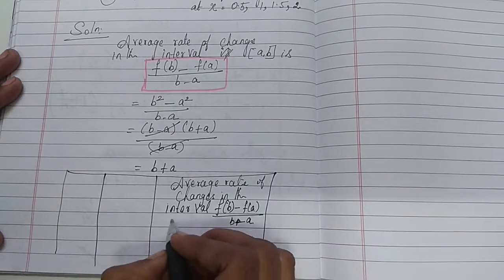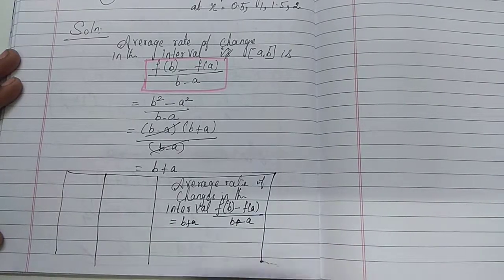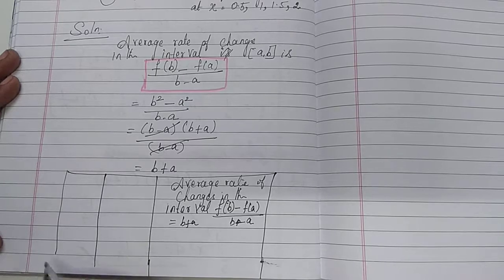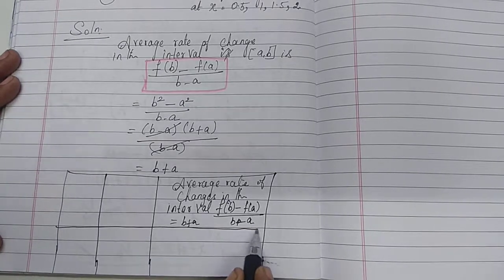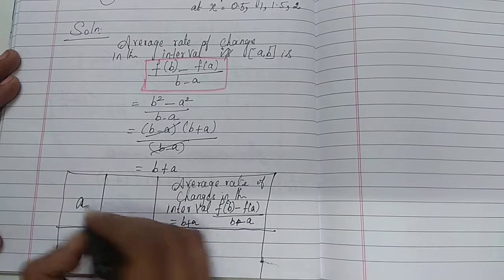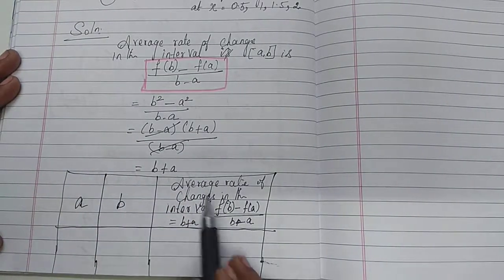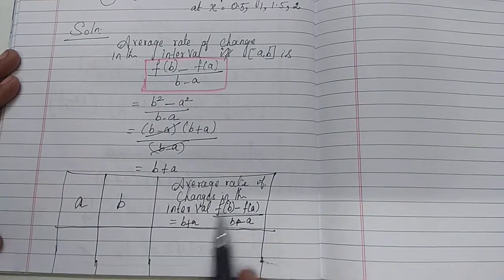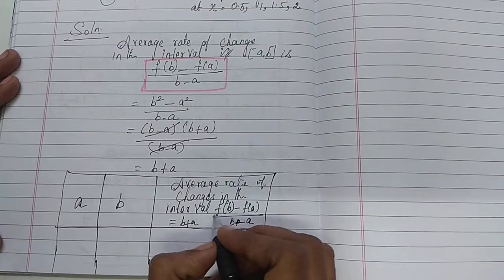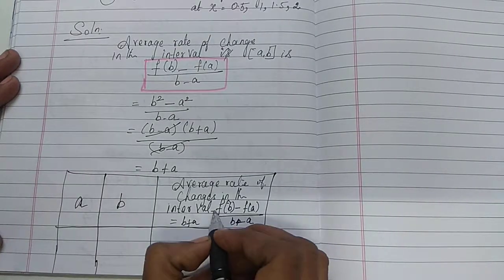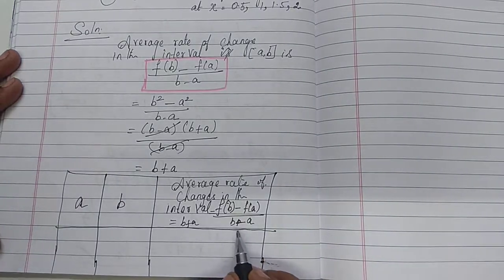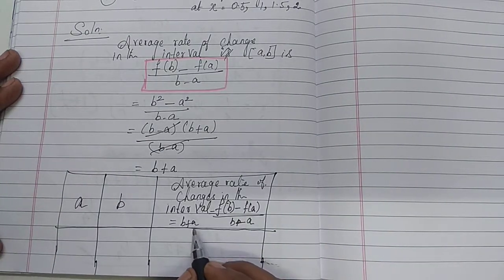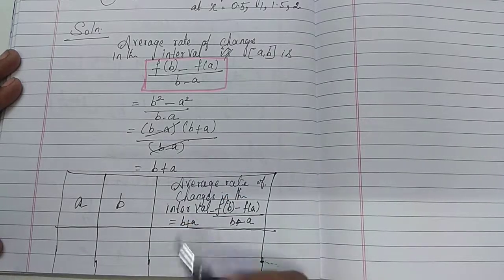This is equal to b plus a. Here a, here b. So the average rate of changes in the closed interval a comma b is equal to f of b minus f of a by b minus a. This is equal to b plus a, already calculated above.